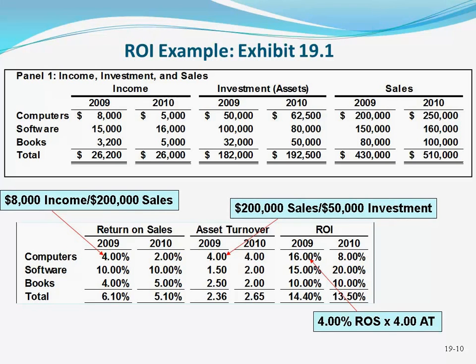What does jumping to conclusions mean? You can jump to conclusions and say, oh, the culprit obviously here is something to do with the return on sales performance of computers. It went down from 4% to 2% return on sales.